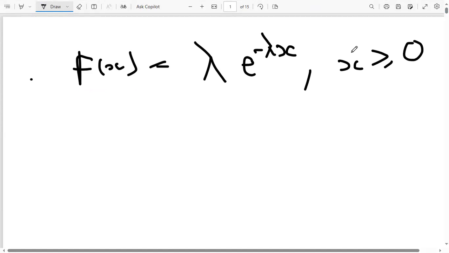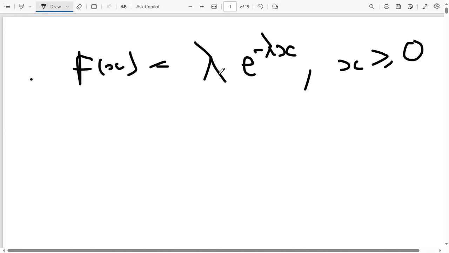This is the formula that you should know under exponential. There are no two ways about it. You just have to know the formula. This x here will be the value that is given, like find the probability of maybe more than 3. It means this x will be 3. And this lambda here will be the parameter.